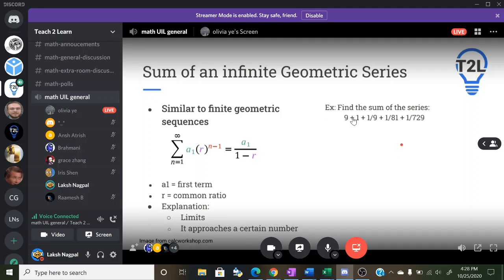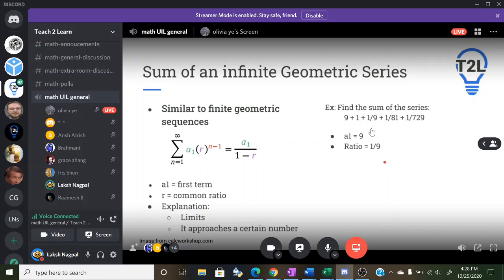For an example, you have a sequence 9 plus 1 plus 1/9 plus 1/81 plus 1/729. Your first step would be to find the first term, which is 9, and then note the common ratio, which is 1/9, and then plug those numbers into the formula.